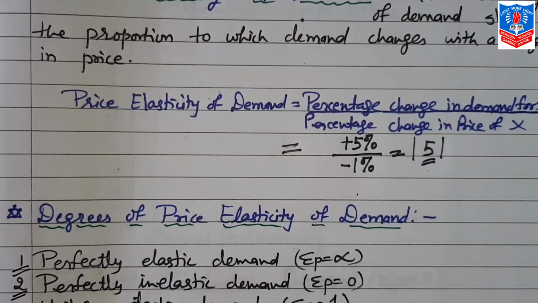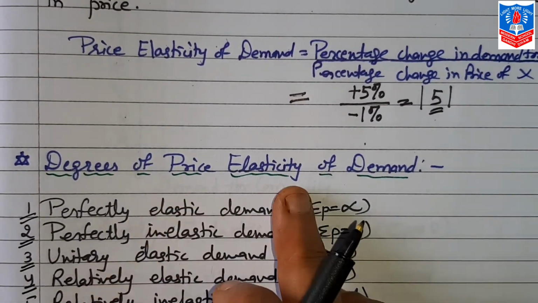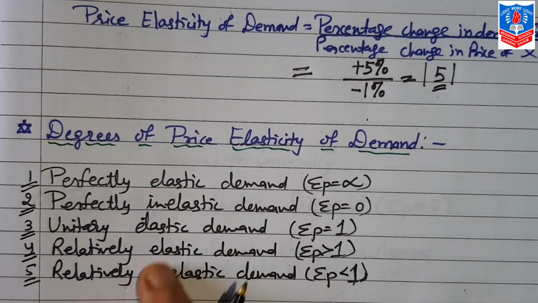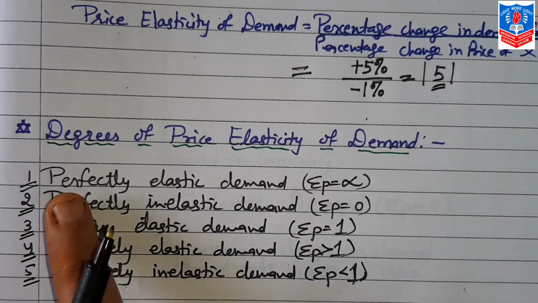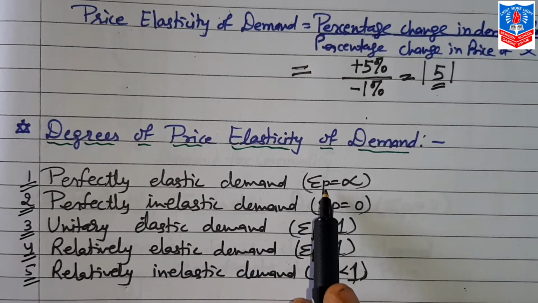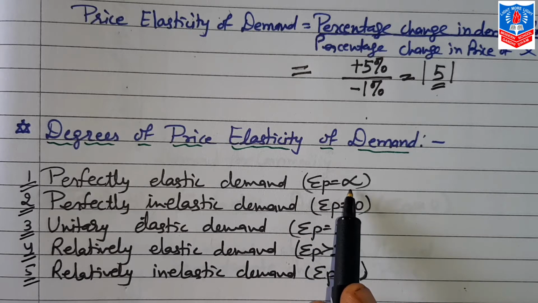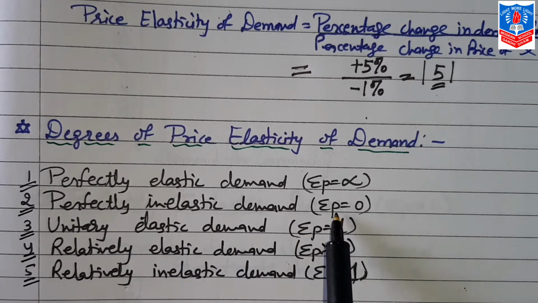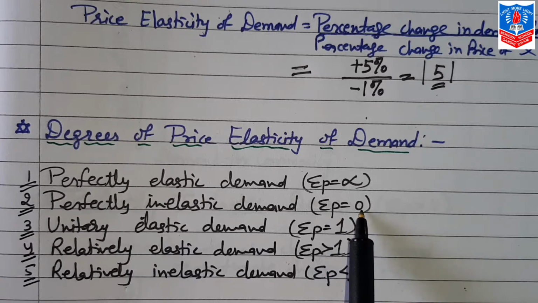Now, degrees of this price elasticity of demand are these 5 degrees. Number 1, perfectly elastic demand, where price elasticity is infinite. Second, perfectly inelastic demand, where price elasticity is 0.